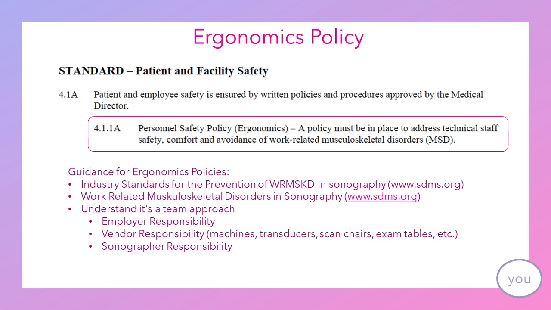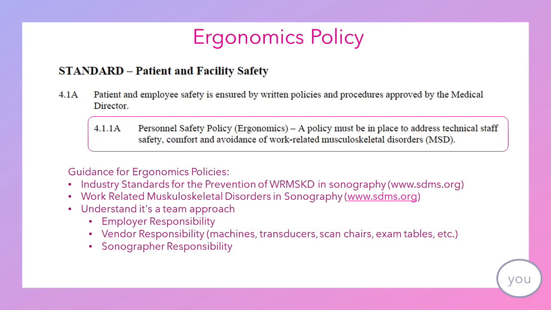So thinking about guidance for these policies, we've laid out here some of the references you could look for as far as information, and it can be very detailed. So just depending on how detailed your facility wants it to be or not, we could get really down to earth on everything, or you can kind of keep a more global perspective.